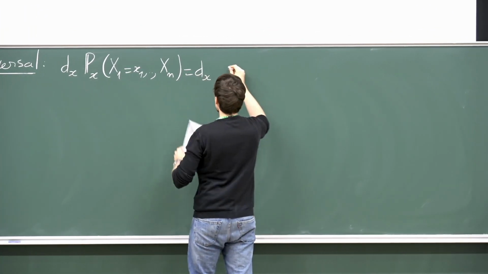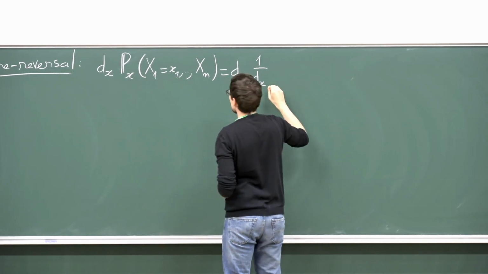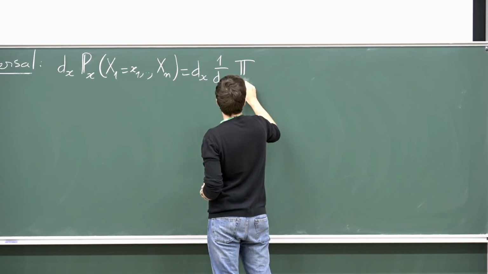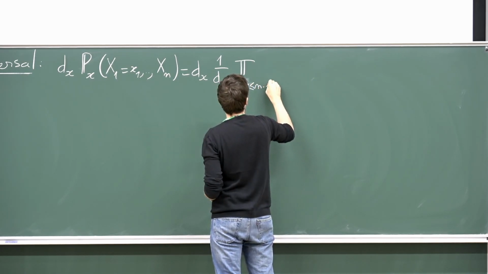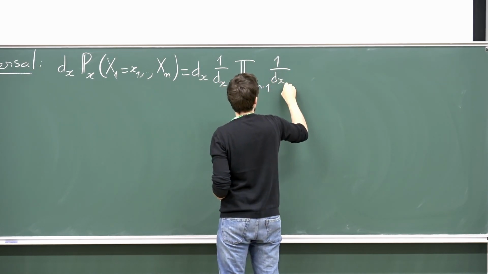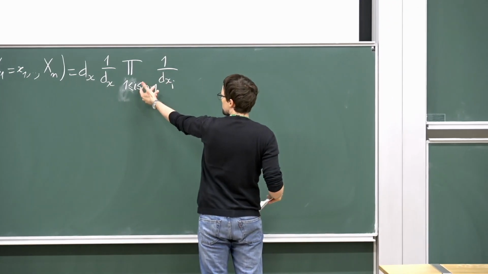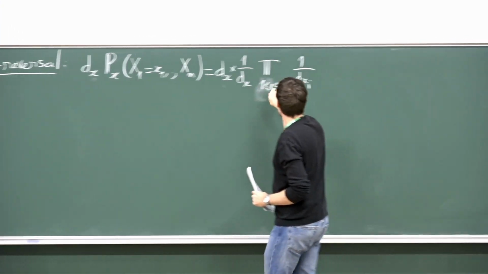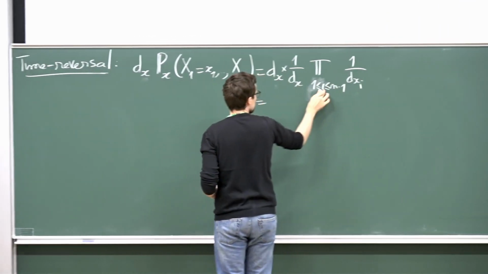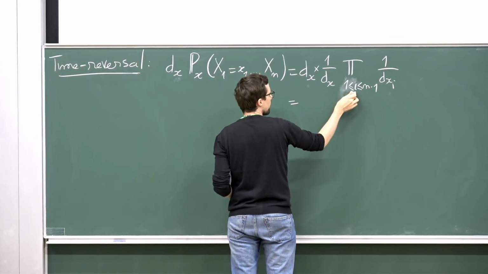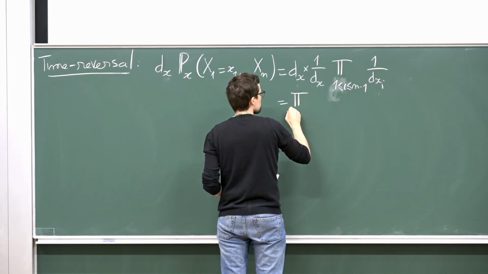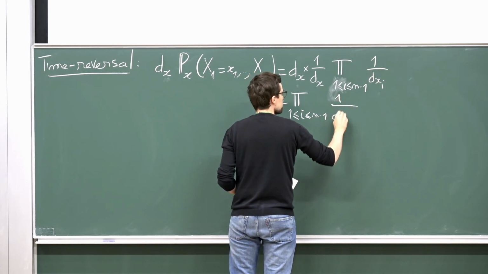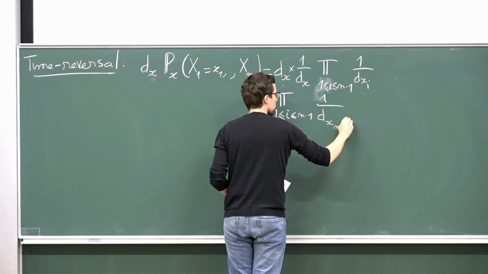First, to go from x to x_1, it will cost 1 over d_x, and then you have the product, for i between 1 and n minus 1, of 1 over d_{x_i}. And this product I can time reverse: here this d_x cancels, because I put it in the beginning, and in this product I change my index i to n minus i, and this just becomes the product of 1 over d_{x_{n-i}}.